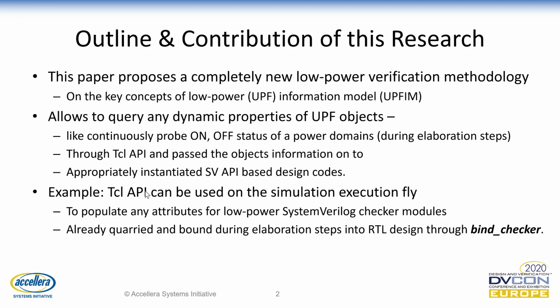A Tcl API can be used on the simulation execution fly to populate any attributes of low-power SystemVerilog checker models that are already queried and bound during the elaboration step onto the RTL design through bind checker.